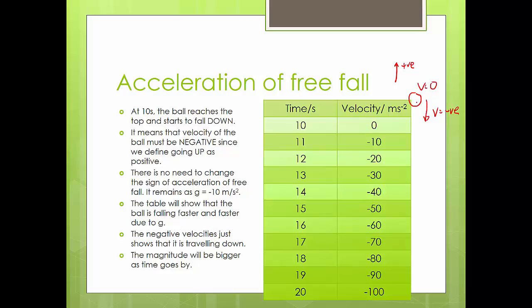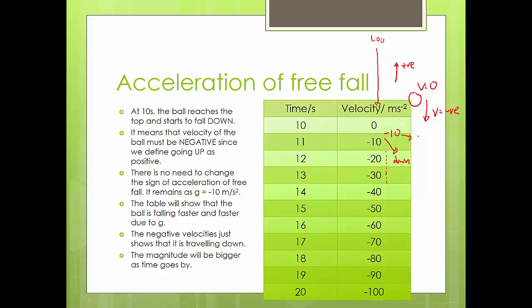You start from 0, and you still subtract away 10. From 0 subtract 10 again, it becomes negative 10. Subtract 10 again, negative 20, and so on until it reaches 20 seconds. You realize that again, negative just tells you that it is going down.